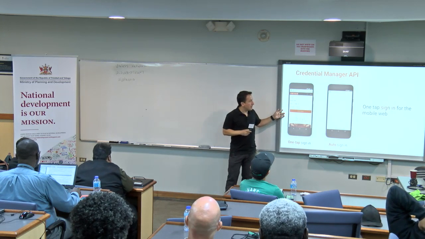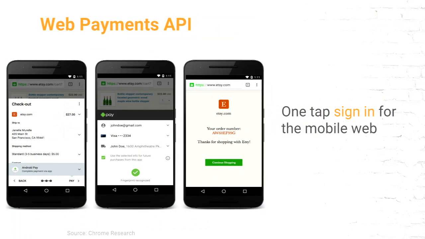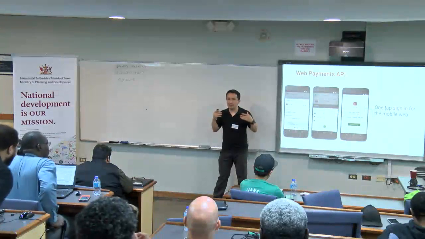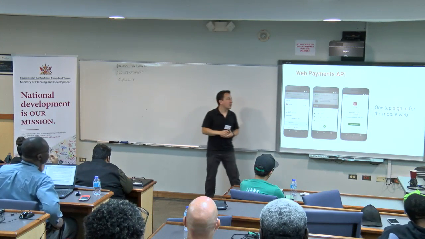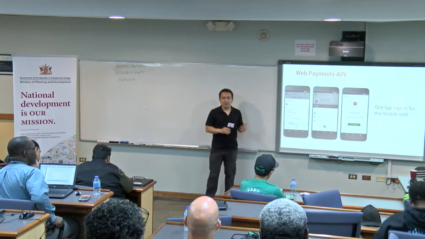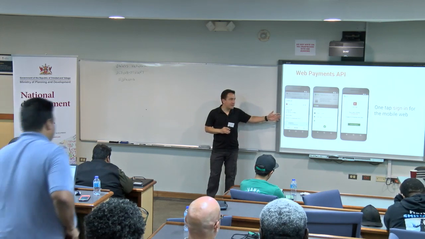And there's this other API. It's another open source project. This was sent to the W3C, which is the organization behind the standards for the web, and it's been recently approved.